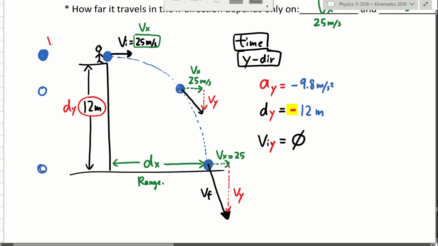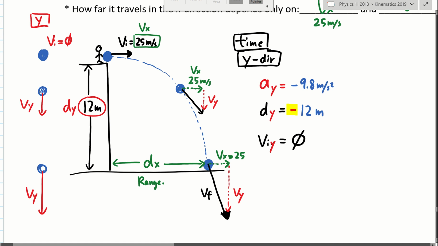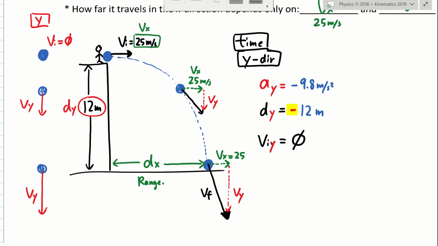As a matter of fact, your V initial in the Y direction, now this is all in the Y world, will be 0, and then your Vy at the end will be exactly the same number. You know what? That's your little secret. Even the time will be exactly the same. Kicking a ball horizontally doesn't actually make it go down to the ground faster. It will be exactly the same speed and same time as if you just accidentally dropped the ball.